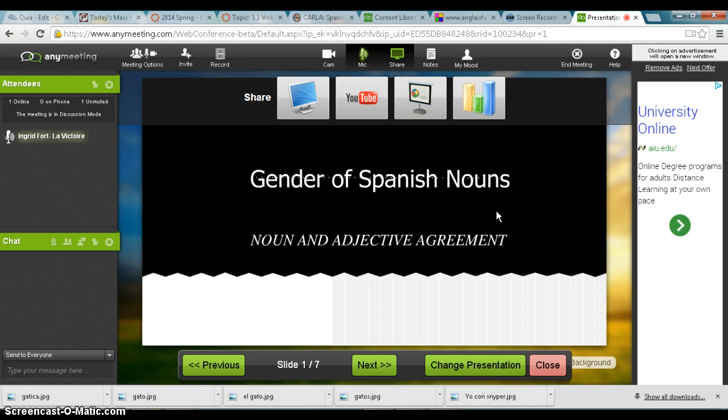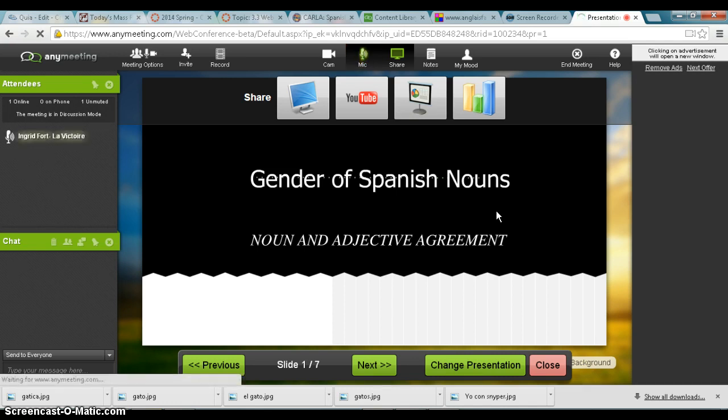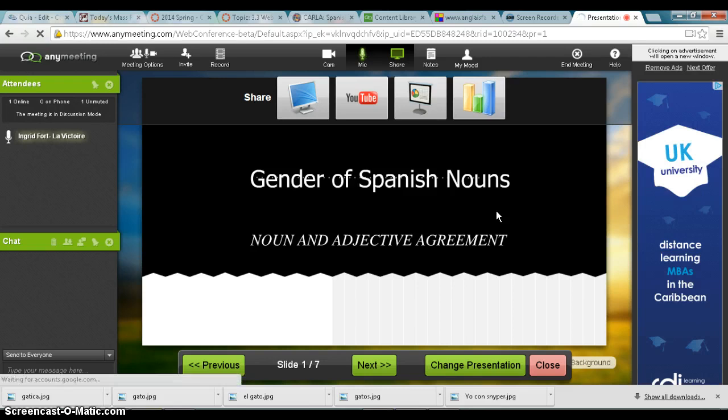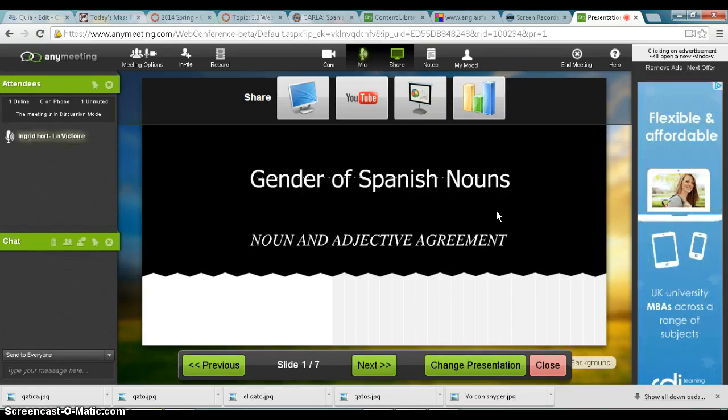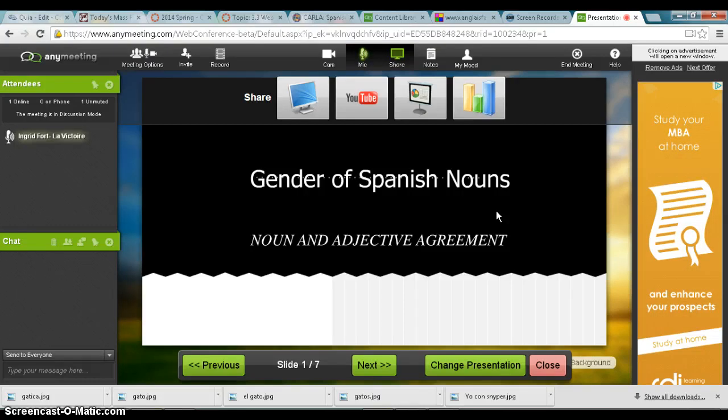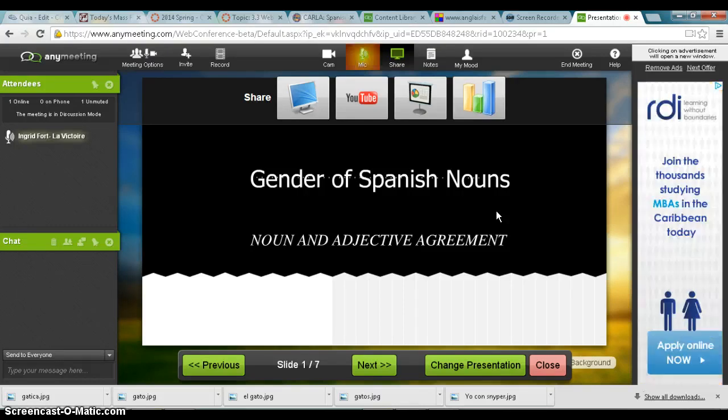But in Spanish, there is gender in articles, nouns, and adjectives. So this is something new for you, and we need to learn it and work on it, the gender of Spanish nouns.